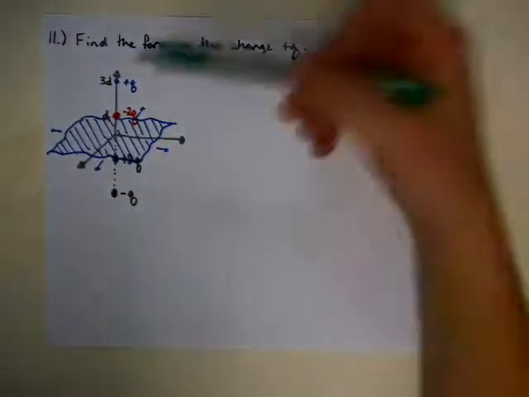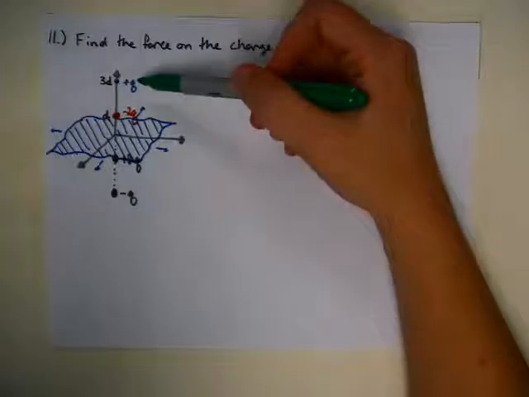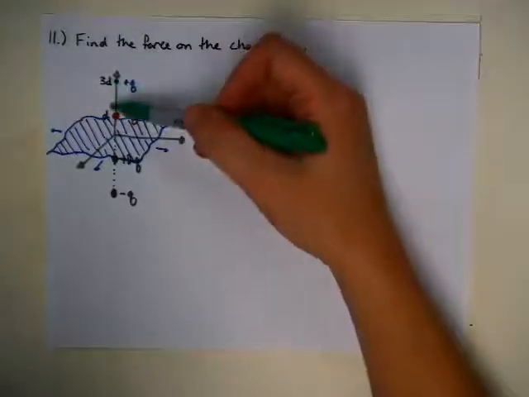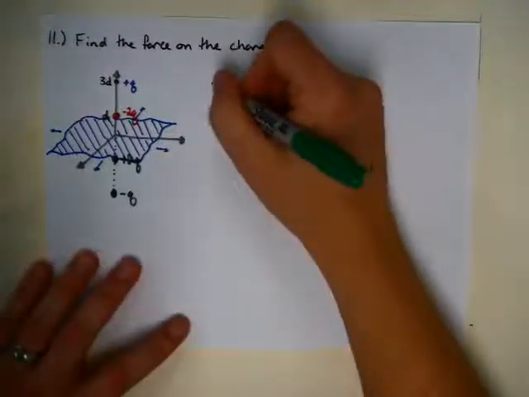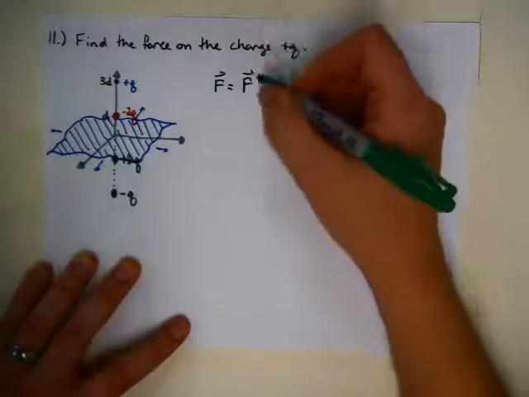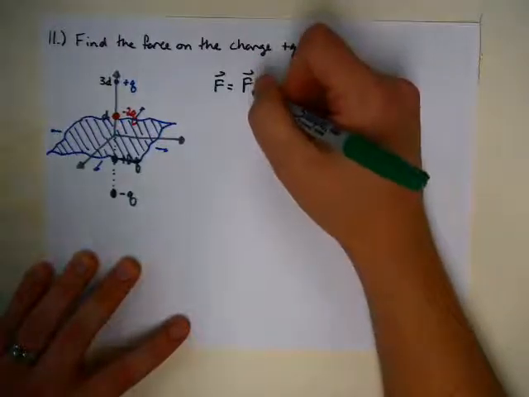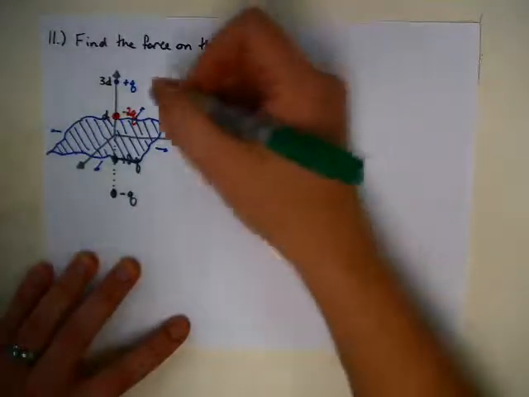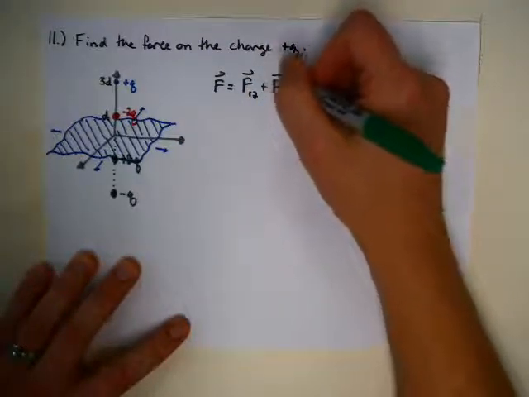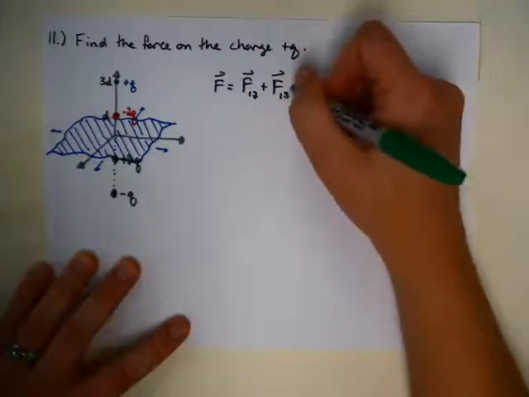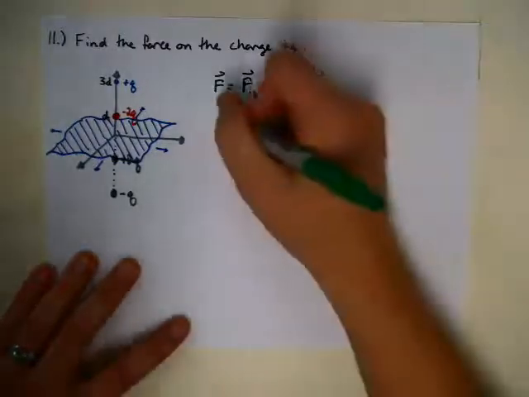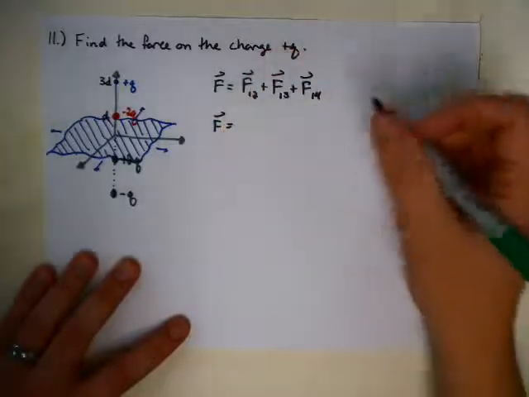Now, the question asks to find the force on the charge. Here, we can just use superposition, because in the half space above the plane we can treat these charges as real. And so the force is simply going to be the force 1 to 2 plus the force 1 to 3 plus the force 1 to 4.